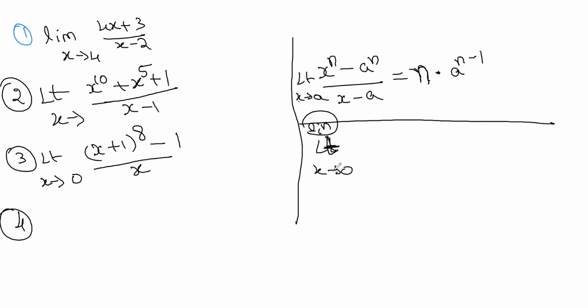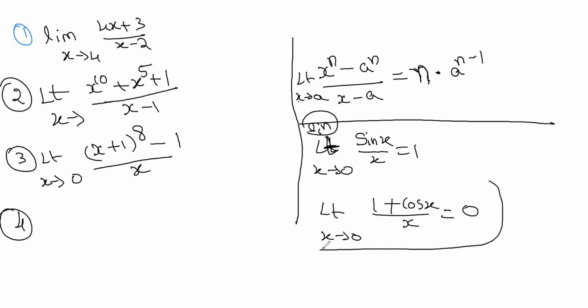So limit x tends to 0 of sin x by x is equal to 1. And the next, cosine: limit of 1 minus cos x by x is equal to 0.